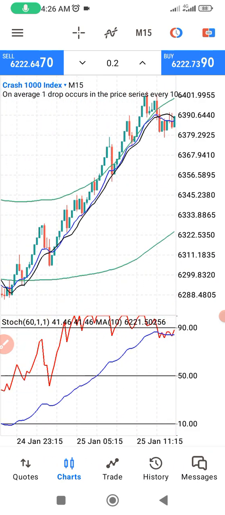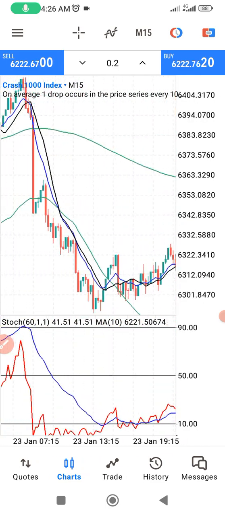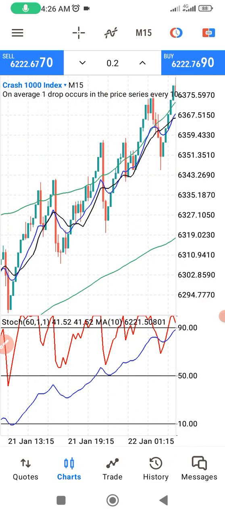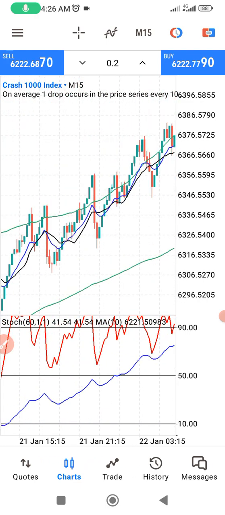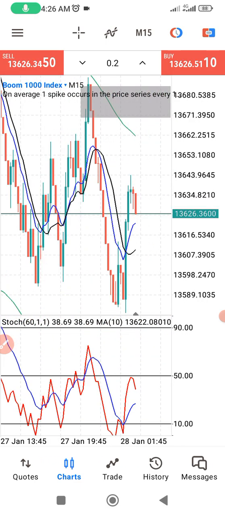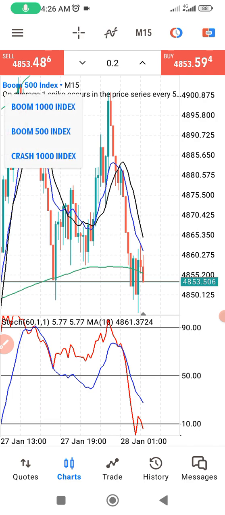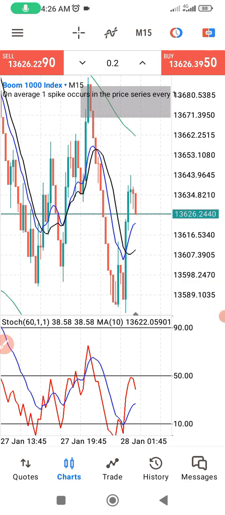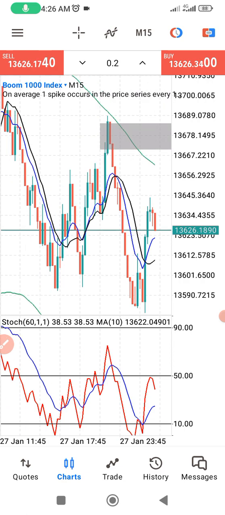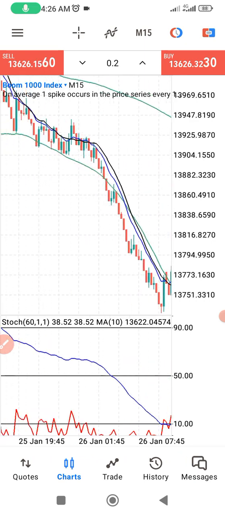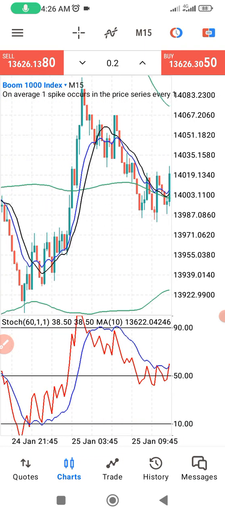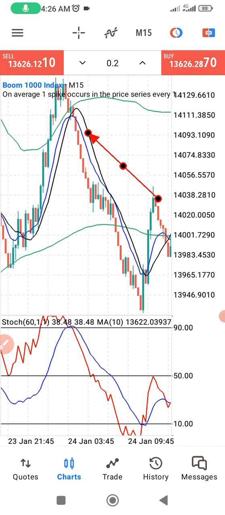So next, let's begin with our checklist for selling boom. Now, what is our number one checklist for selling boom? I want to see the price at the upper Bollinger Band.